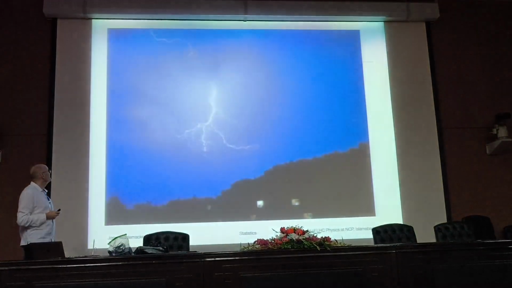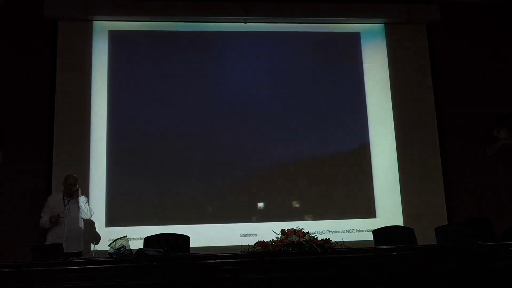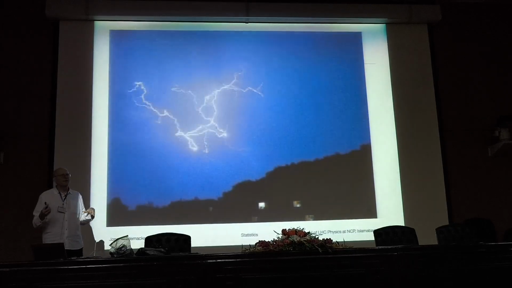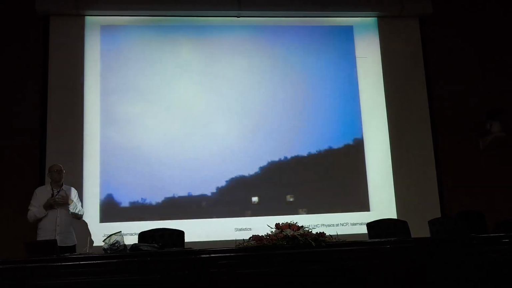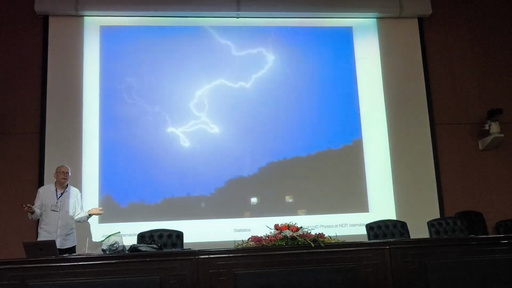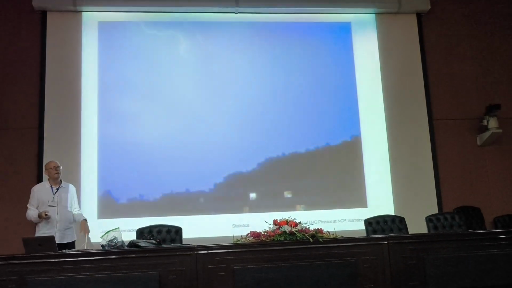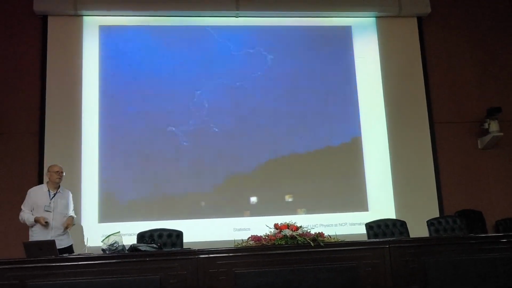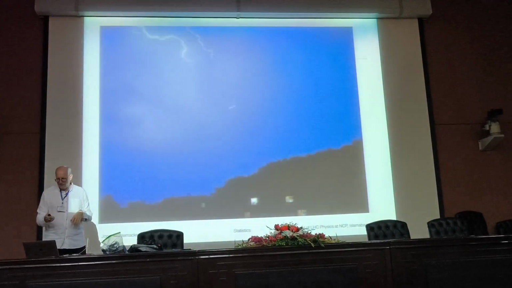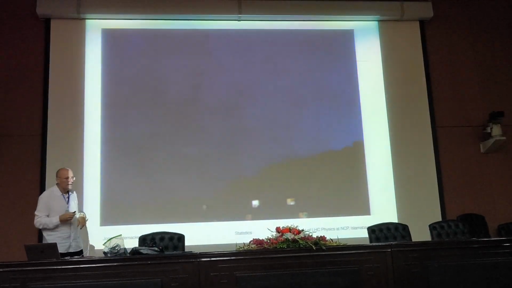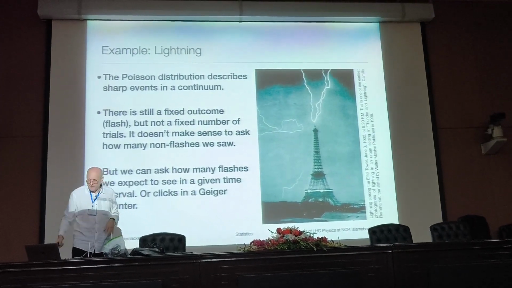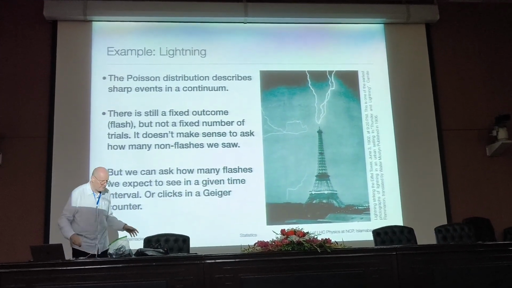This is a flash of lightning, and you could ask the question: if I expect on average, within a certain time span, 5 flashes of lightning, how likely am I to get, in this particular time span, 3 or 4 or 7, etc.? That's the question that the binomial answers, and that the Poisson answers: the number of things that happen, counting things in a continuum.